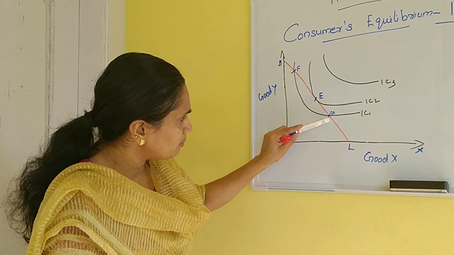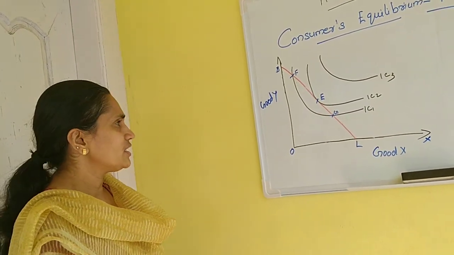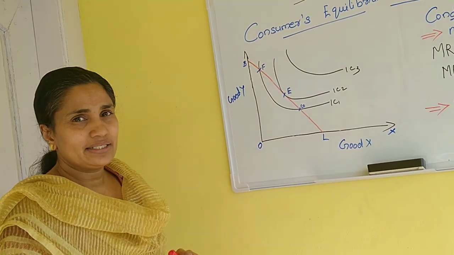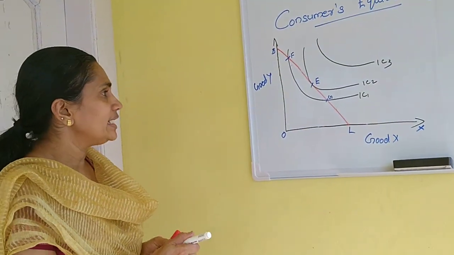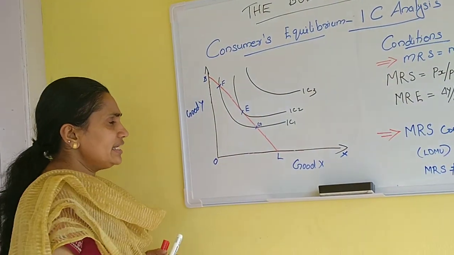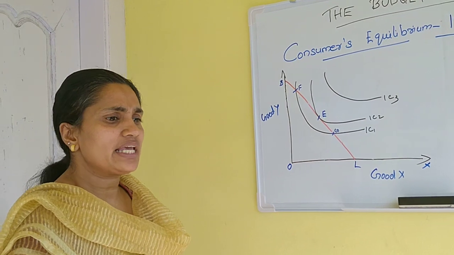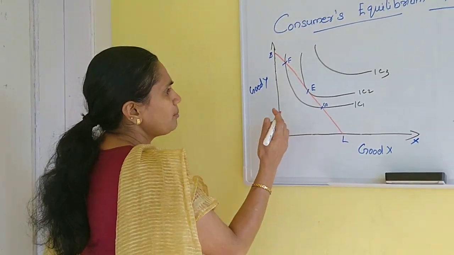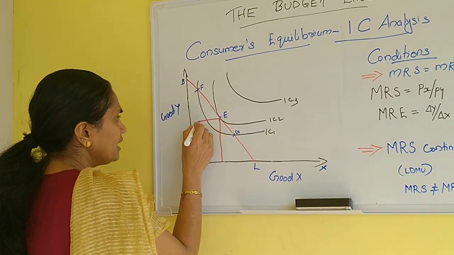This is also a point where the budget line and the indifference curve intersect each other. But the point E, what is the difference between these 3 points? At point E, the indifference curve is tangent to the budget line, so the consumer is able to consume this combination within his limited income.